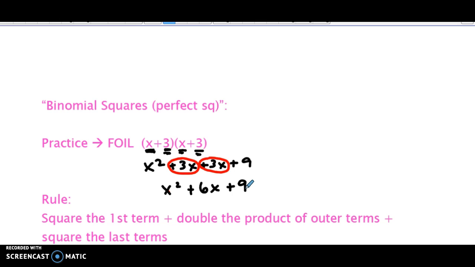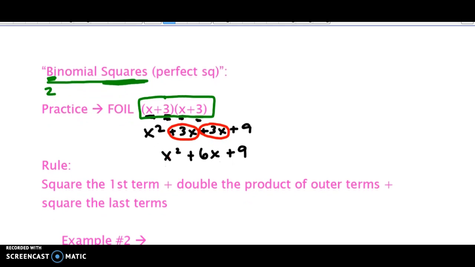So today we are going to look at what we started with, and we are going to begin recognizing this as a pattern that we call binomial squares. So remember bi meaning two, and we're looking at two terms in an expression, and we are going to take a binomial and square it. So we're going to multiply it by itself. So we're going to become very familiar with this pattern right here.